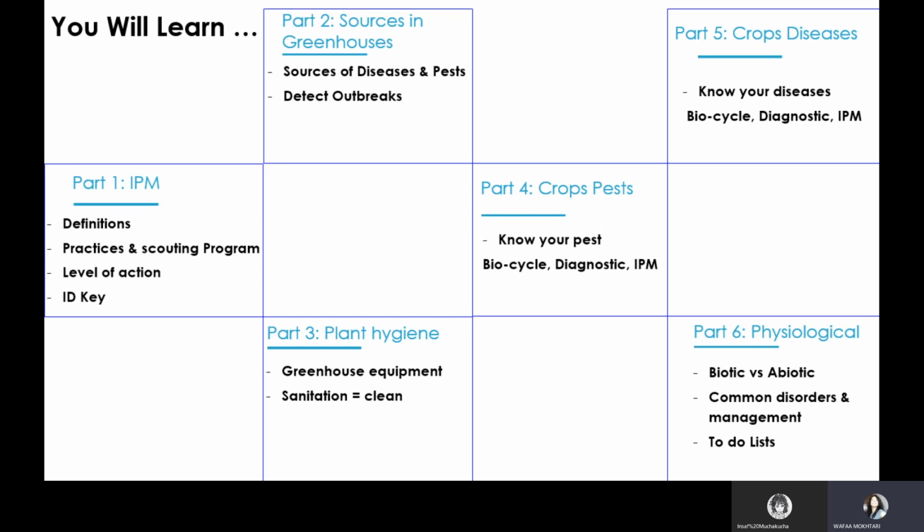And then we go through the common disorders caused by the physiological problems and how to manage them. And the final thing we're going to see is the to-do list, what to do if we want to manage those common disorders. So let's start with the first part, IPM.